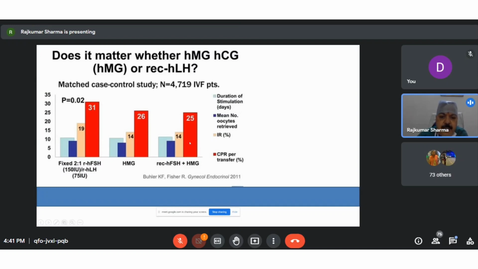Also, the clinical pregnancy rate is much higher when you use recombinant LH with FSH rather than HMG, which gives a surrogate LH in the form of SCG.